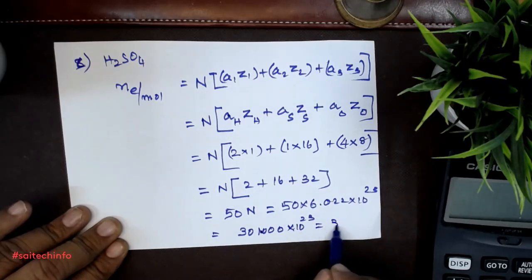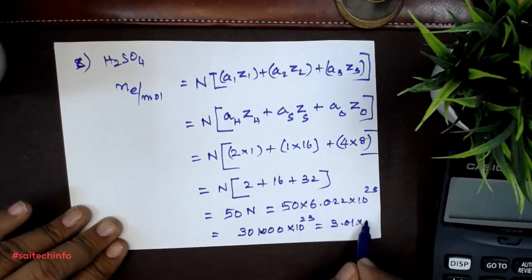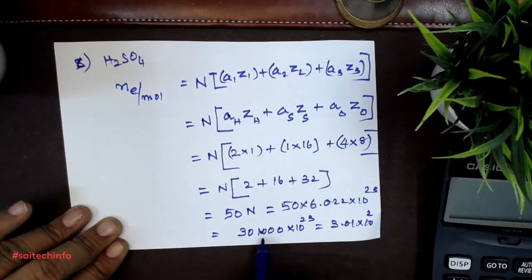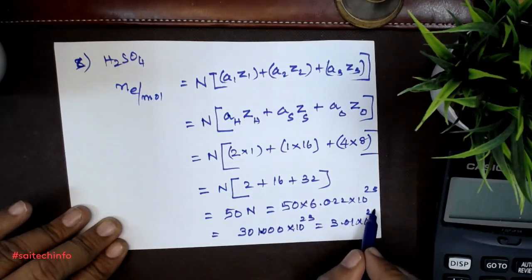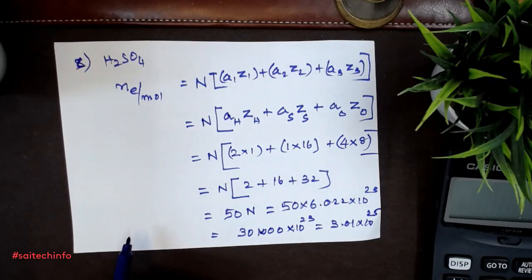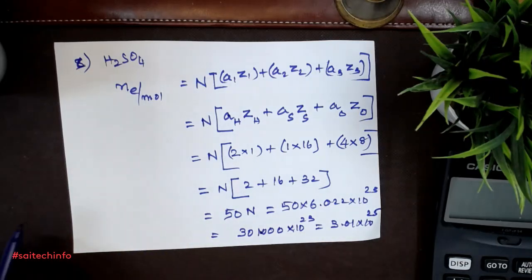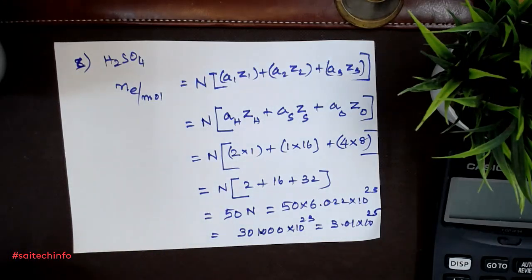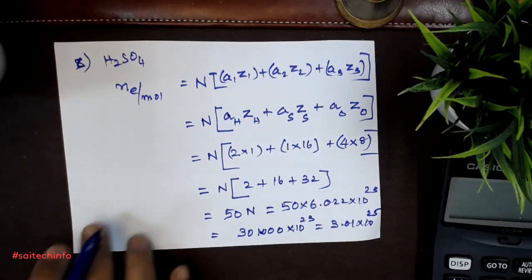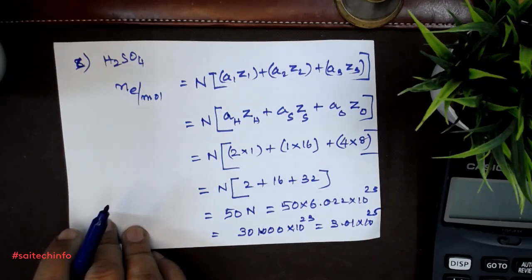That is 3.01 into 10 power 25. Correct? So this much amount of electrons are present in 1 mole of sulfuric acid. Are you able to understand this point? Is it clear?